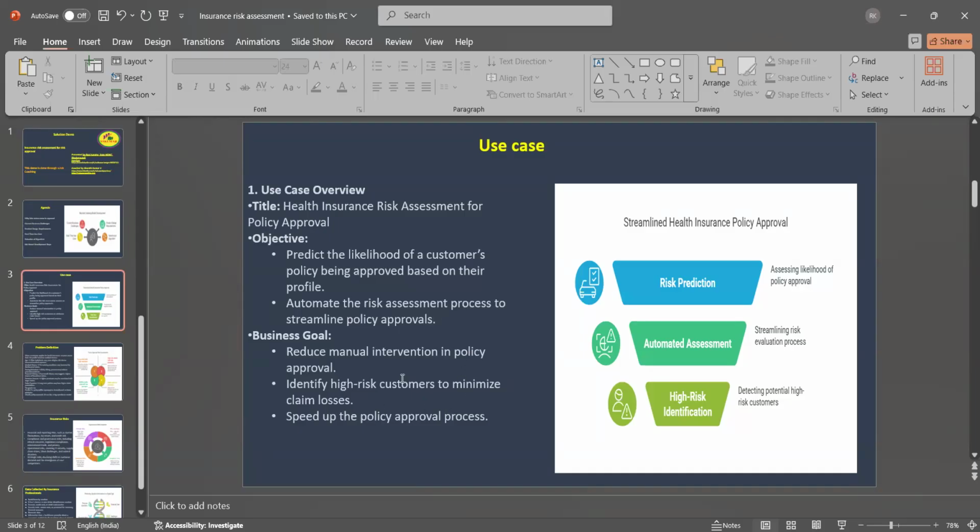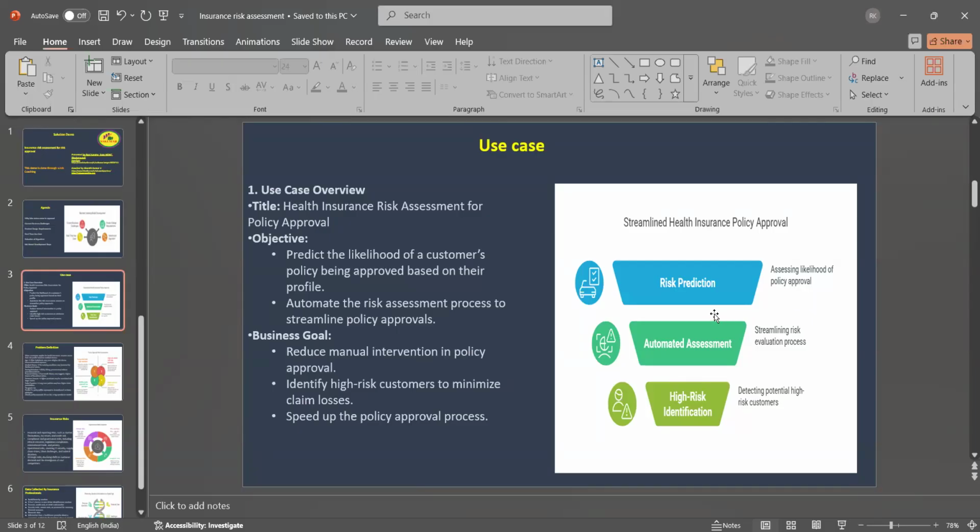In a pictorial diagram, I show assessing likelihood for policy approval, and risk prediction that the customer is not fraudulent.